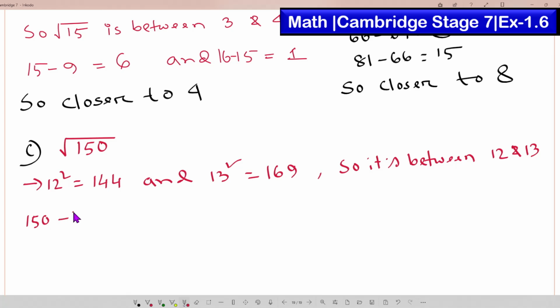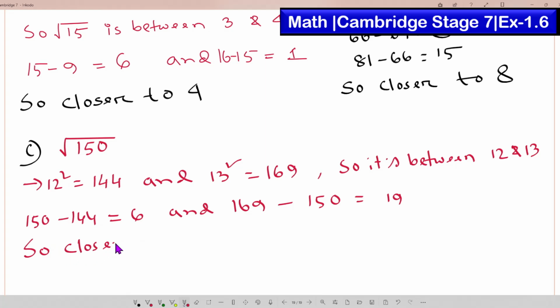Now we have to find out the difference. 150 minus 144, difference is 6, and 169 minus 150, difference is 19. So closer to 12.